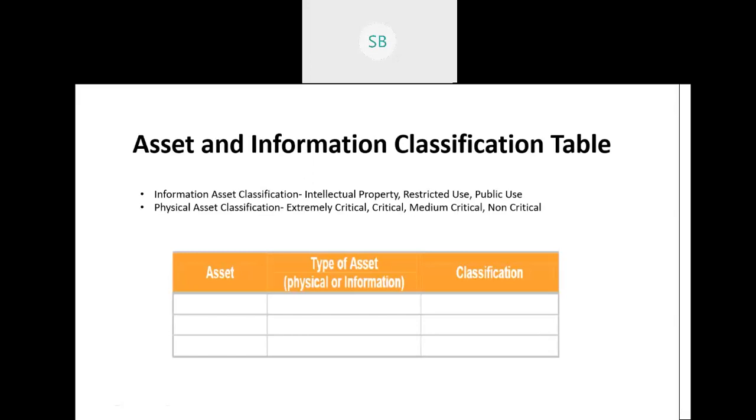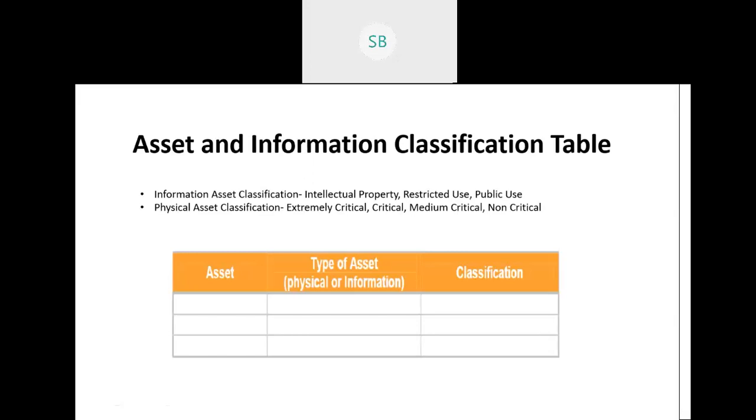The information asset classification will include intellectual property, restricted use, then public use, otherwise enterprise also. The physical asset classification will also include extremely critical, critical, medium critical or non-critical. So these are basically the types of assets.